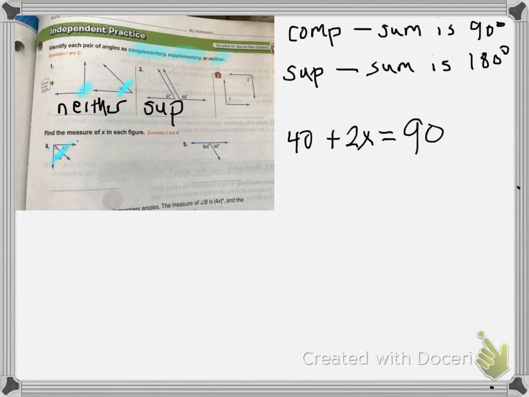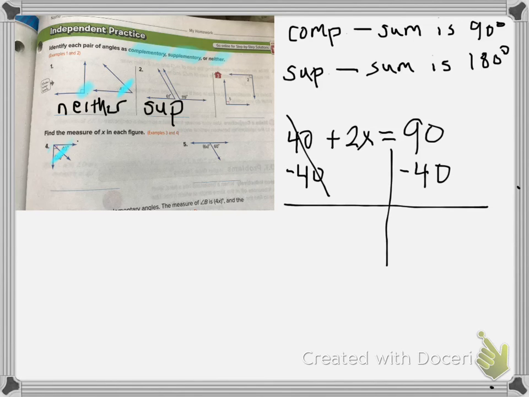So I'm going to subtract my constant from this side and then take it also from the other side of the equation. From there, I'm going to divide my coefficient on each side.